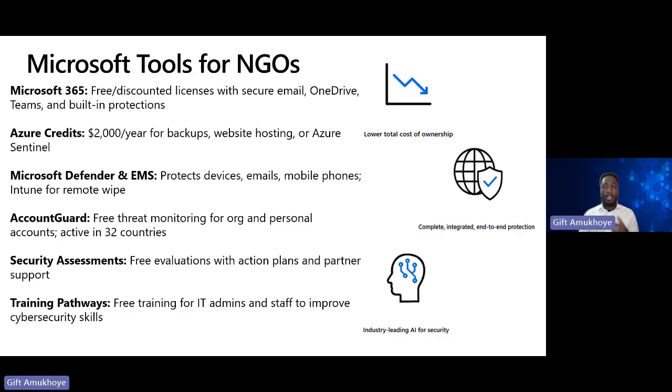While end users learn how to spot scams and work securely from home, the admin makes sure that everything is okay and safe from an infrastructure perspective. These tools level the playing field, giving NGOs in Africa access to the same protections as large enterprises as well.